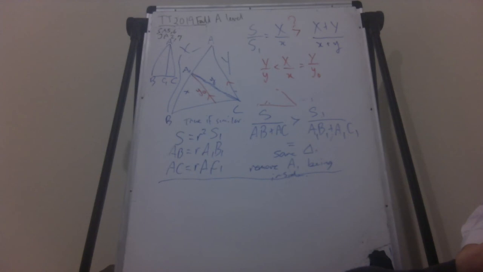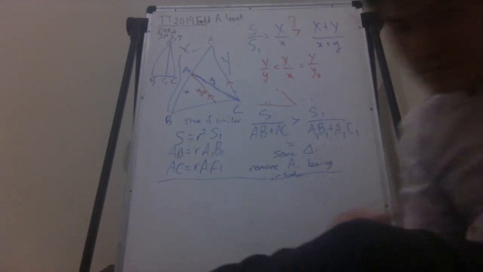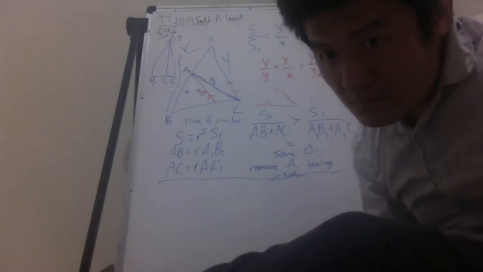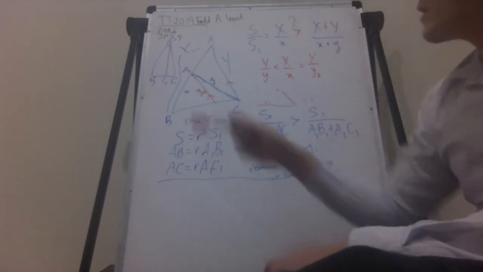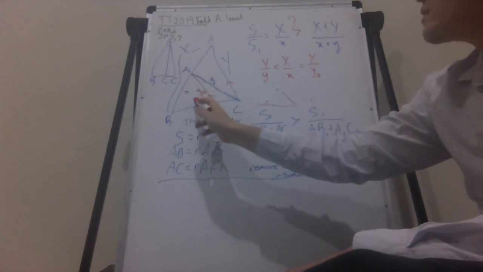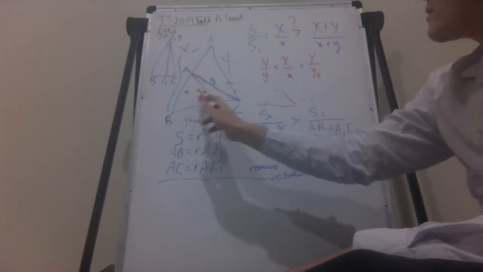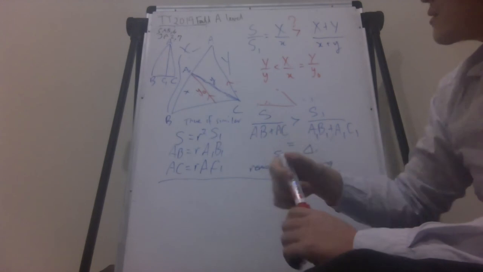Oh, he said something in English. Draw a line from A1 to AC parallel to BC. From A1 to BC. This is what that line is. That's this line, yeah?